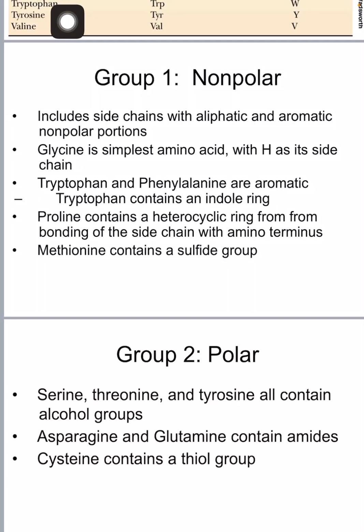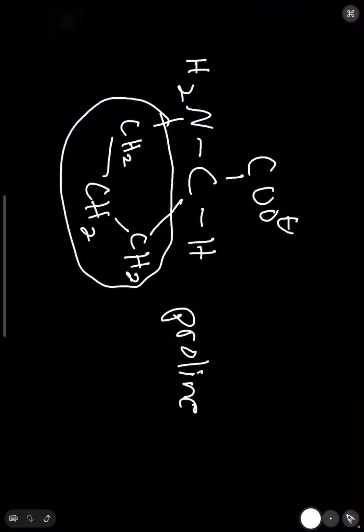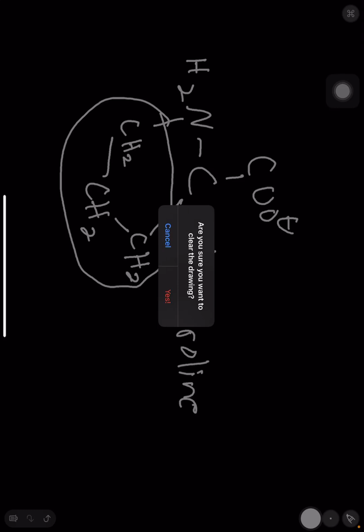And then we have methionine. That's a little bit different. Methionine contains what we call a sulfide group, and that's not something that we really have gone over too much in OChem.